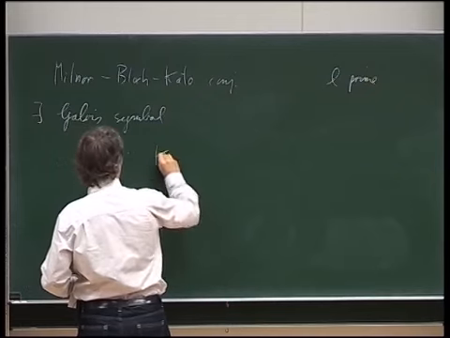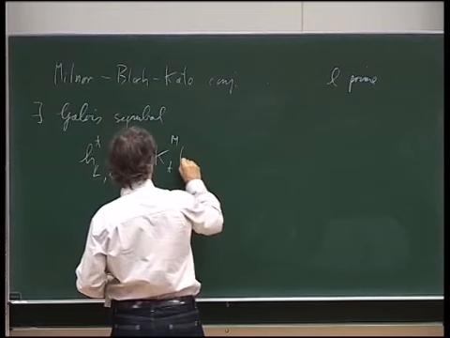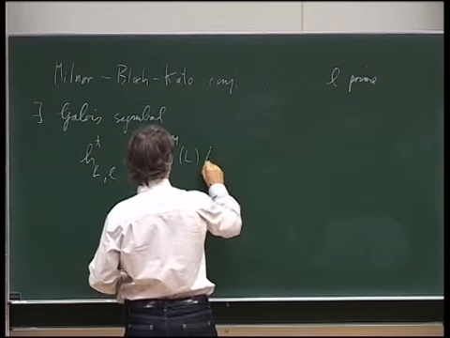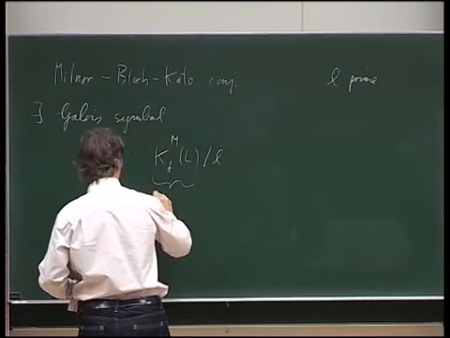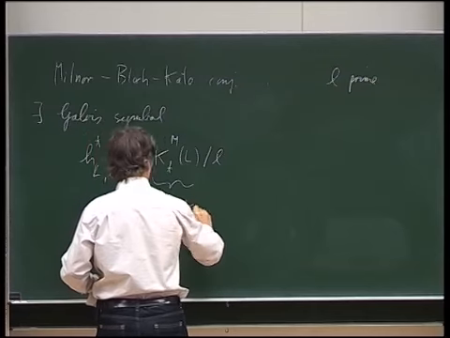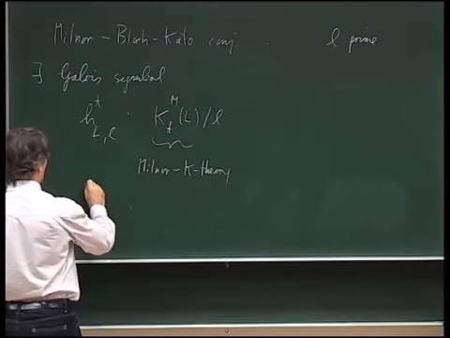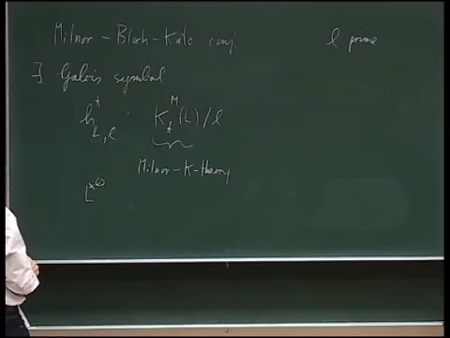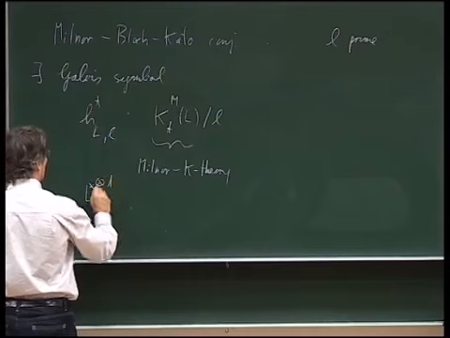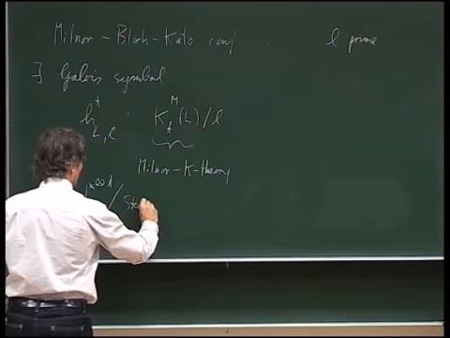It goes from Milnor K-theory modulo L. So this is Milnor K-theory, which is by definition the t-fold tensor product of the multiplicative group modulo the so-called Steinberg relation.